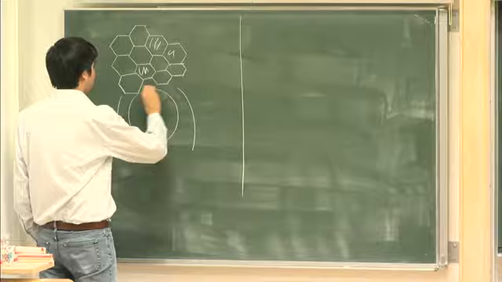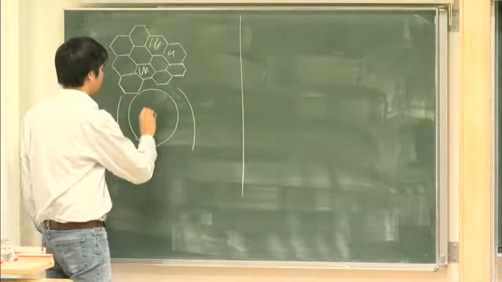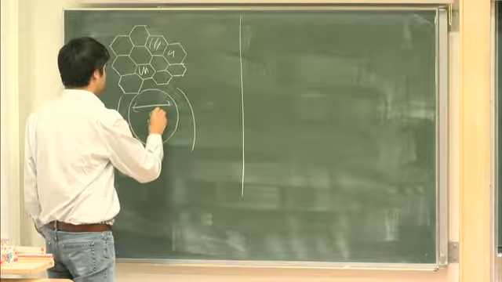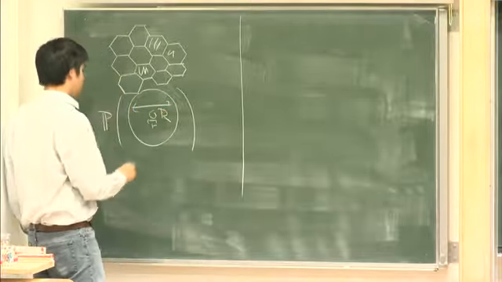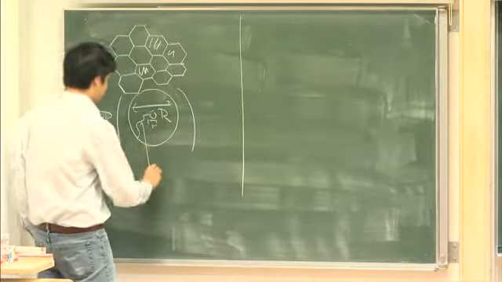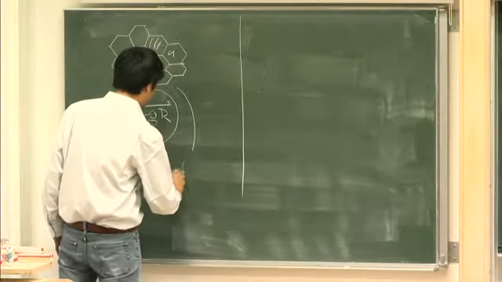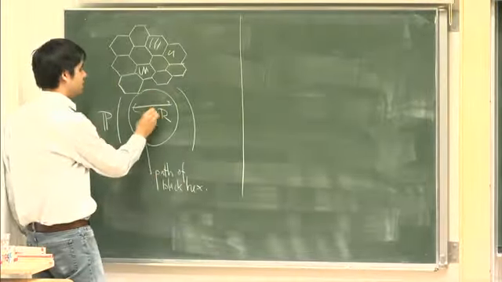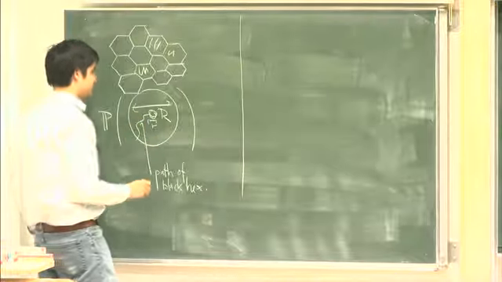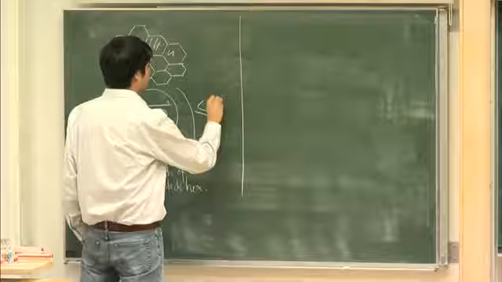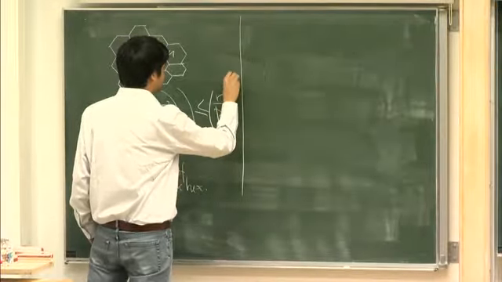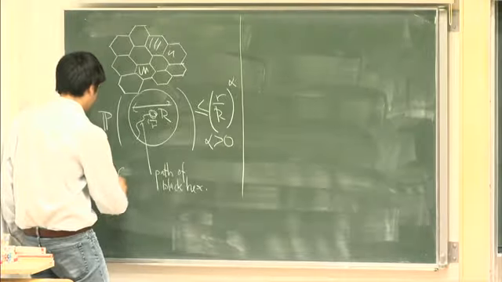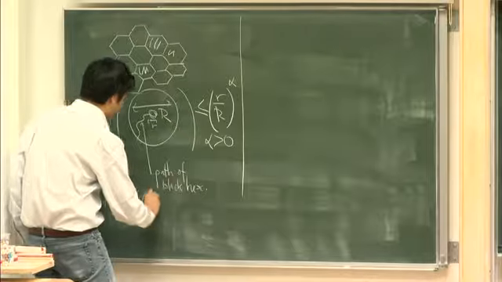So if you look at critical percolation in an annulus with small inner radius r and large outer radius capital R, the probability of having a path of black hexagons that links the inner circle to the outer circle is less or equal than the ratio of these radii to the power alpha for some alpha positive uniformly in delta, the size of a hexagon.